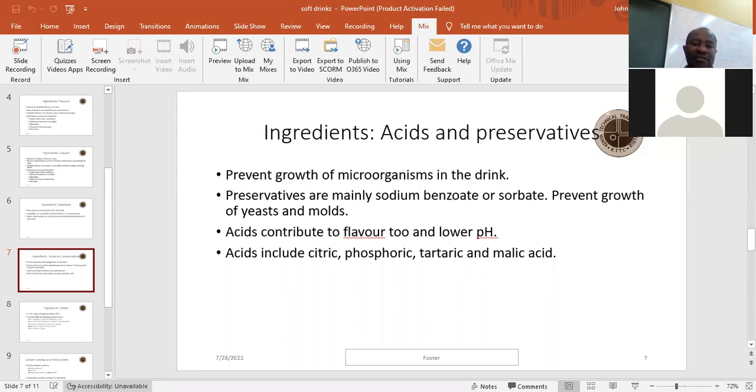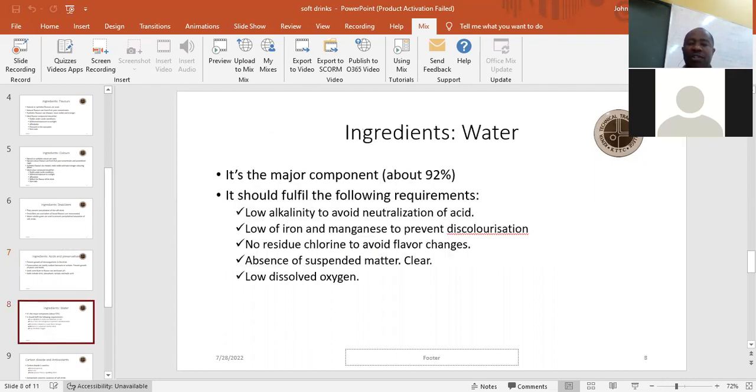And then the preservatives are usually either sodium benzoate or sorbate, and they are used for controlling the growth of yeast and molds.